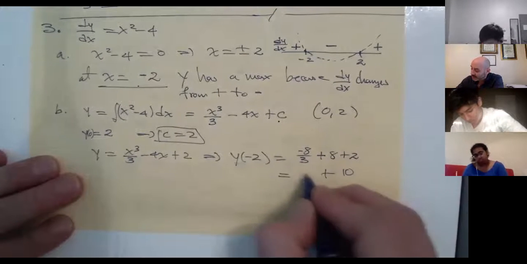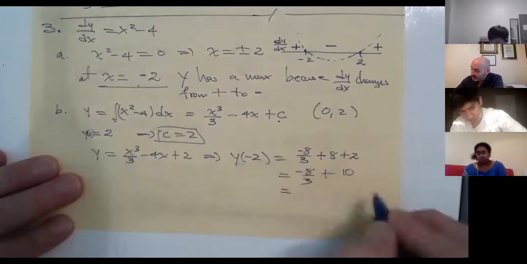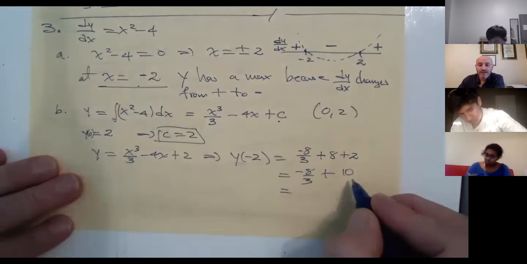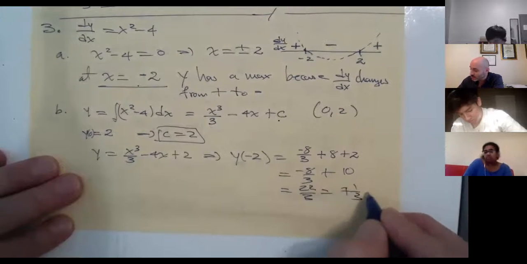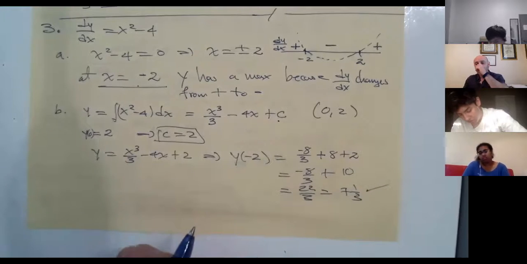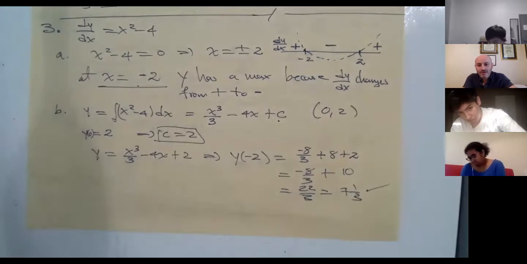This is 10. 10 is the same as 30/3, right? 30 divided by 3 minus 8 divided by 3 is 22/3, which is 7 1/3, which is what they want us to find.